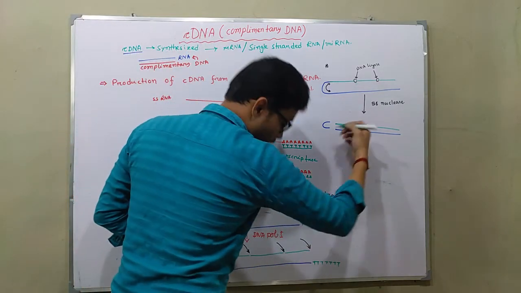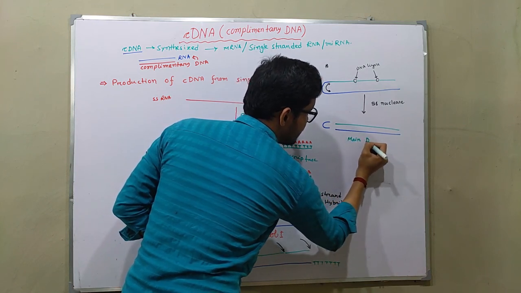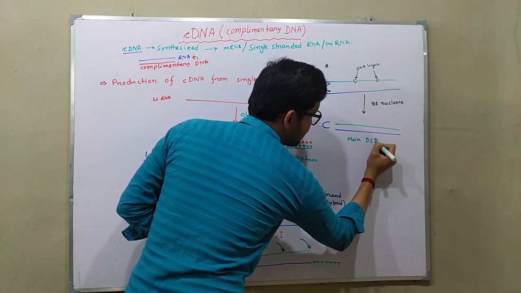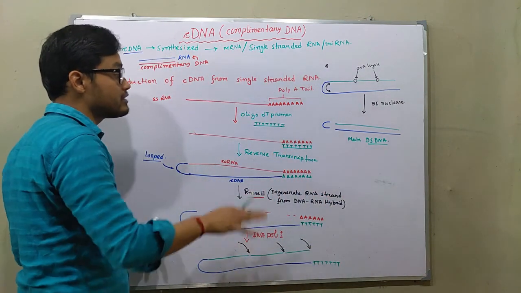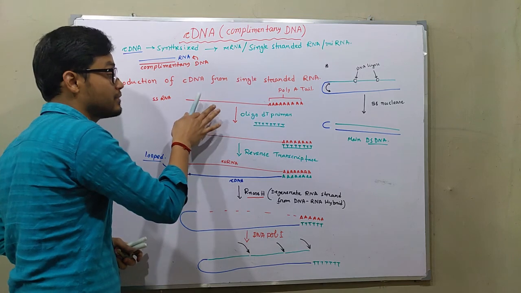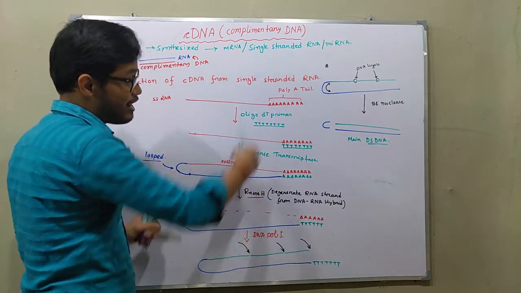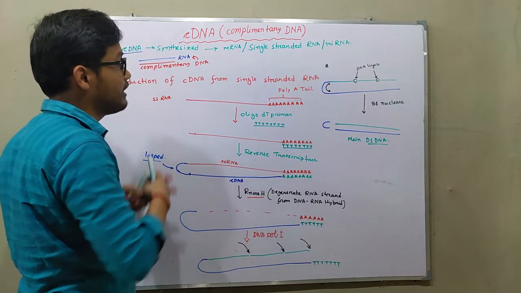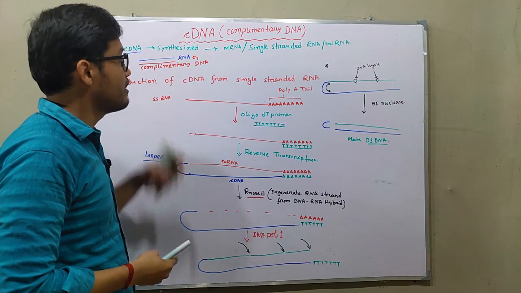So this is our main double-stranded dsDNA, synthesized from this particular single-stranded RNA molecule. So this is the process of producing cDNA from a single-stranded RNA.